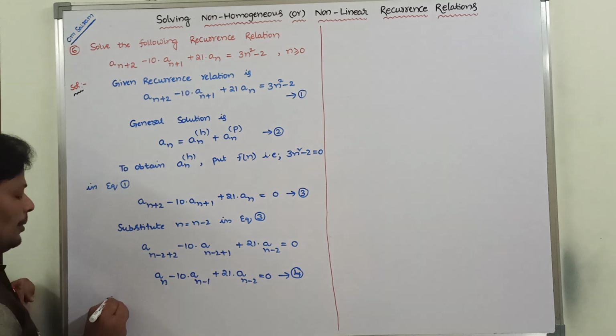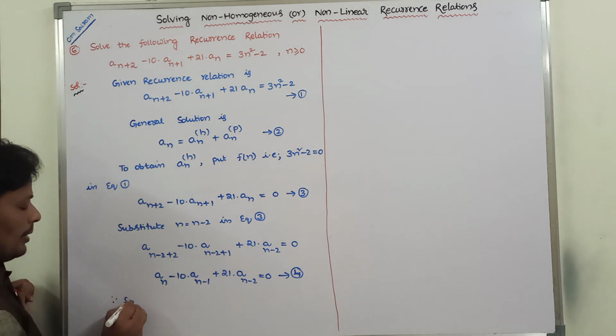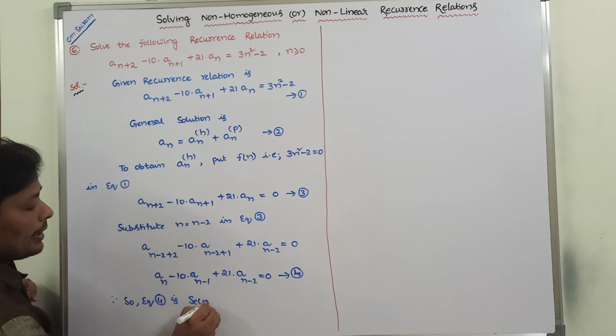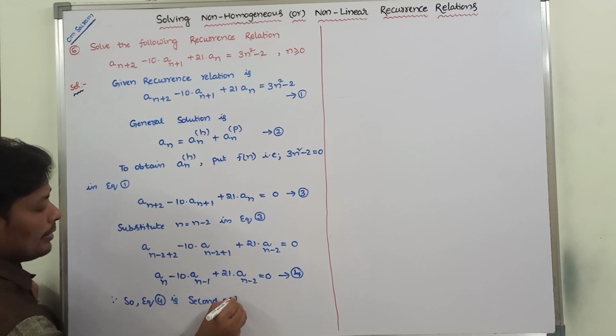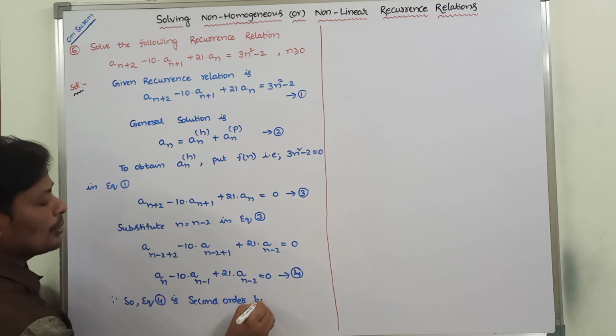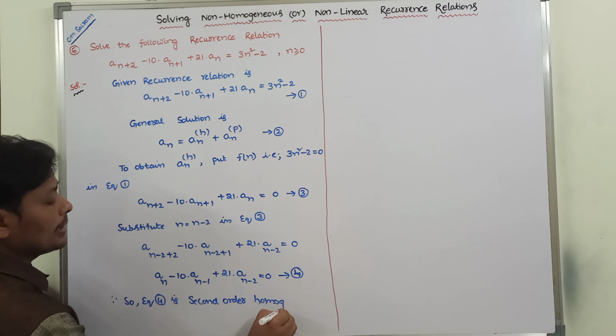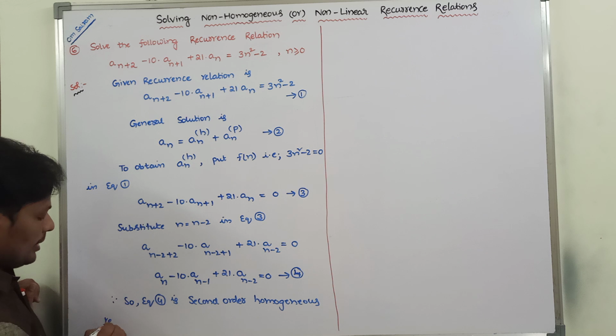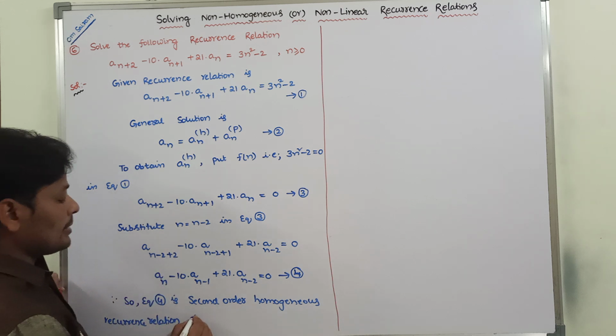So equation 4 is a second order homogeneous recurrence relation.